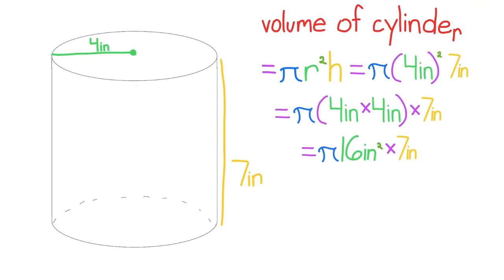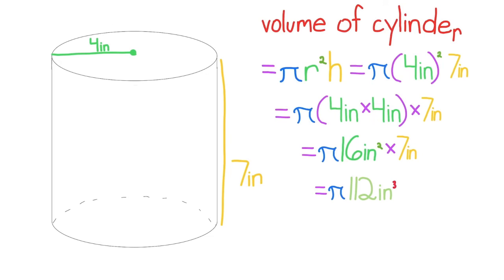So the next number will have a cube on it, or 3, because we multiplied 3 units of measure, inches, by each other, right? So let's figure that out. Well, 16 times 7 equals 112. So let's write that down. So that'd be pi 112 inches cubed.